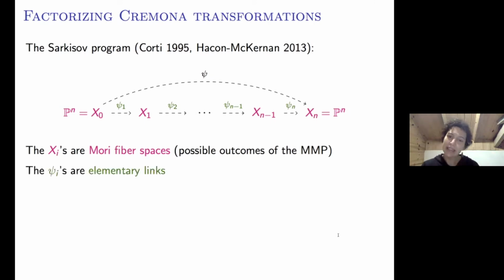And these maps are what we call elementary links. And they're called elementary links because they are really elementary. So these are the simplest possible birational maps that you can think of between these Mori fiber spaces. So for instance, this could be a blow up of a point in a projective space.